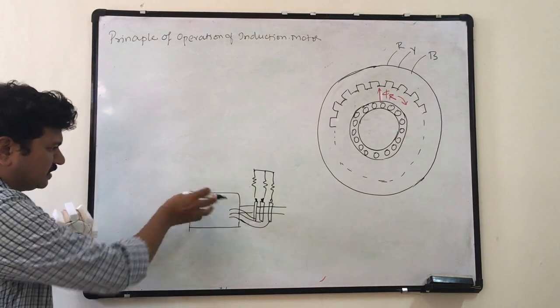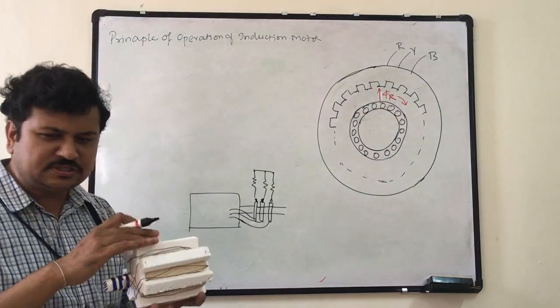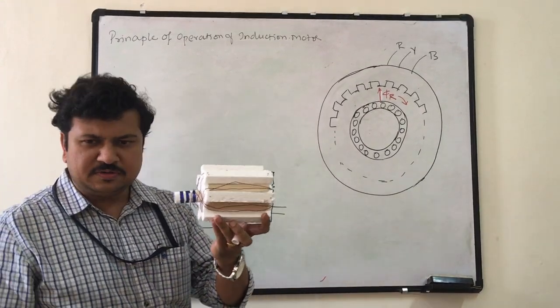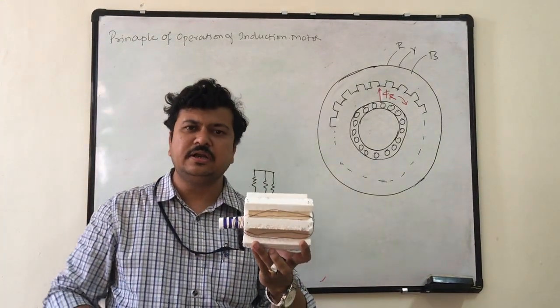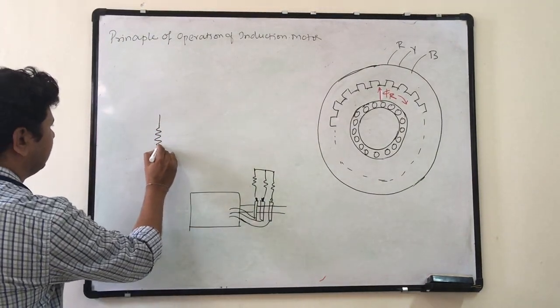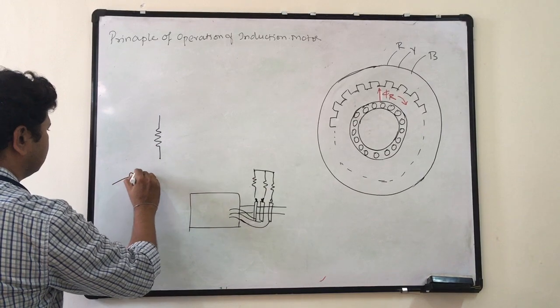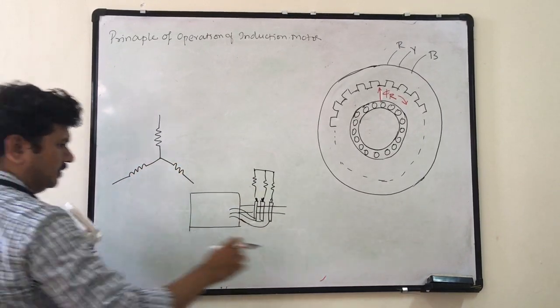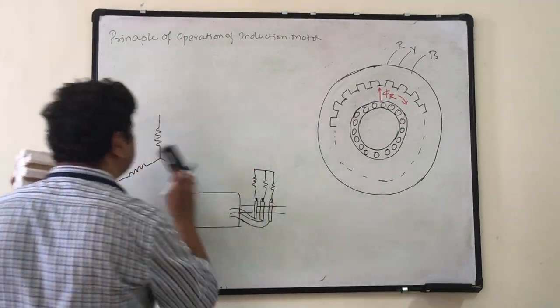Now if you see the star connected winding in the rotor, this is usually star connected. The rotor winding of a slip ring induction motor is connected in star. So equivalently, there is a star connected rotor winding.